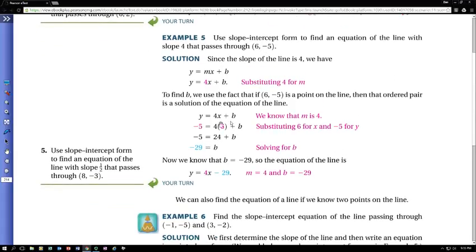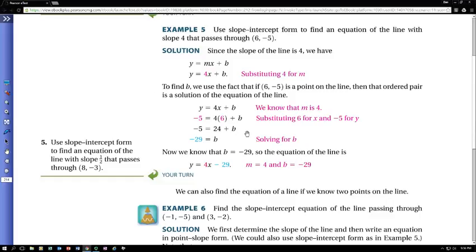So I could take this given information and put in the things that I know must make this equation true. I can put -5 in for y and 6 in for x, and basically have an equation with one variable that I can solve to figure out what b is. And here they say b must be -29.